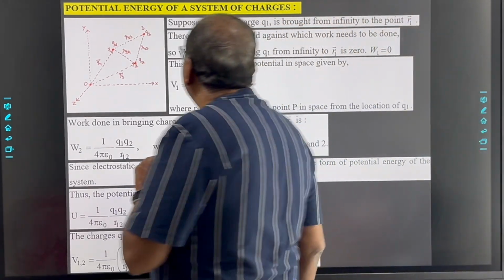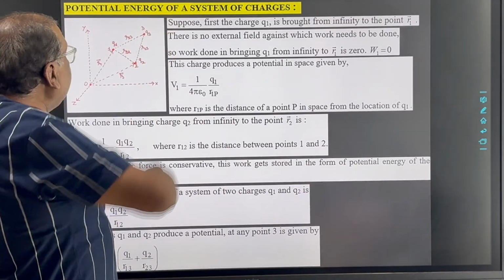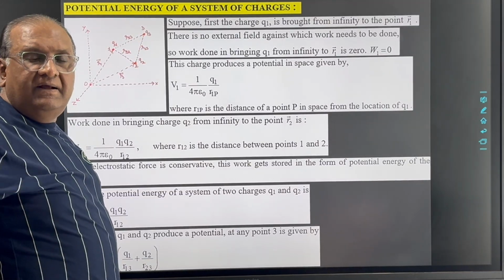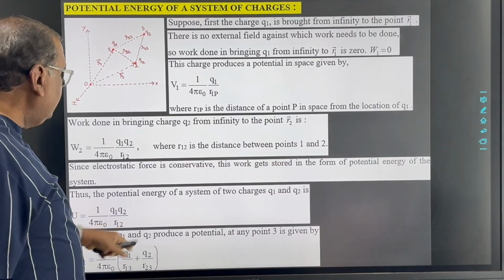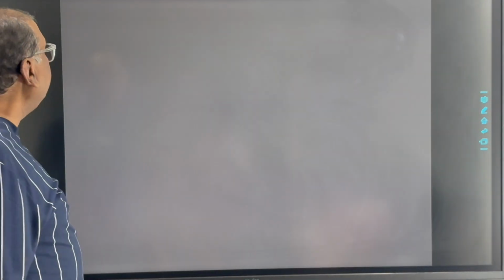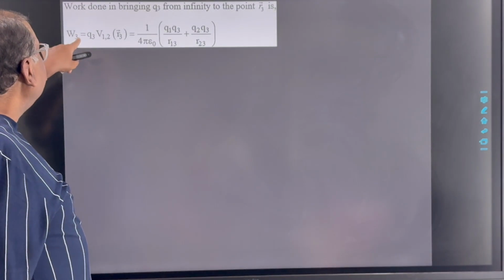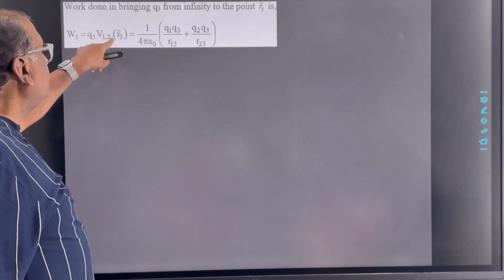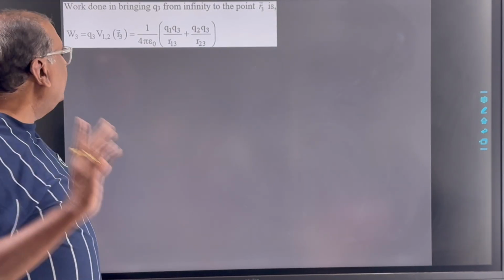Now if we bring charge Q3 from infinity to this particular point 3, then the total work done is Q3 into the potential at that particular point. So we can write W3 is Q3 into the potential due to 1 and 2 at point 3 having position vector R3.